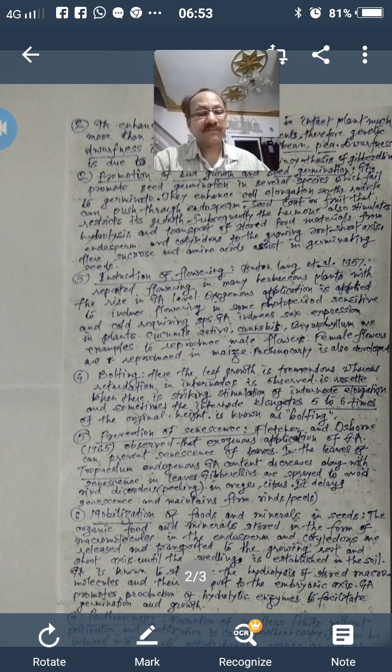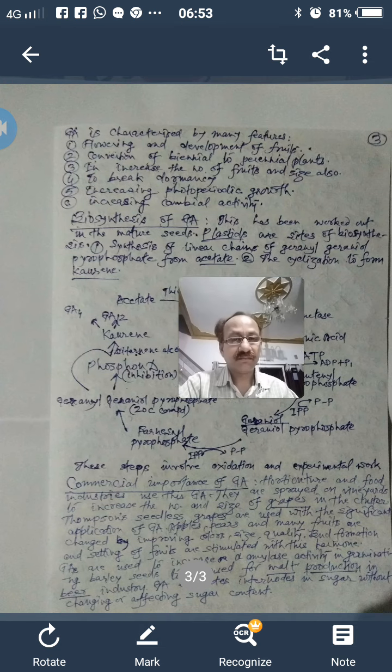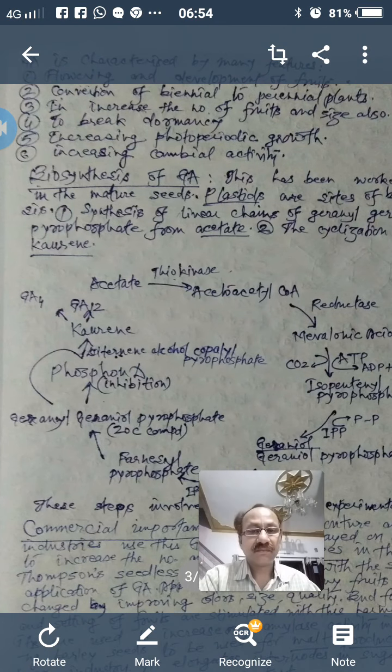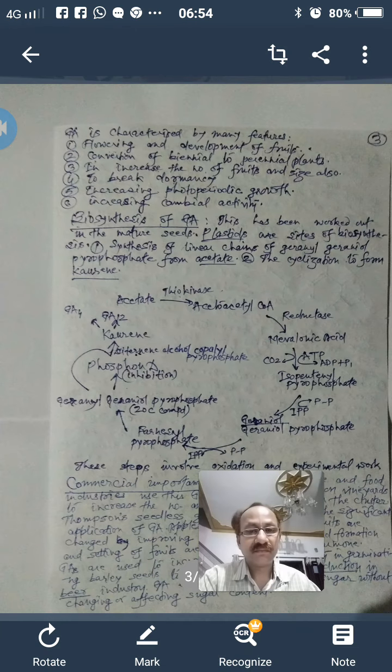GA is characterized by many features. One, flowering and development of fruits. Number two, conversion of biennial to perennial plants. Third, it increases the number of fruits and size also. Fourth, to break dormancy, which you have seen.